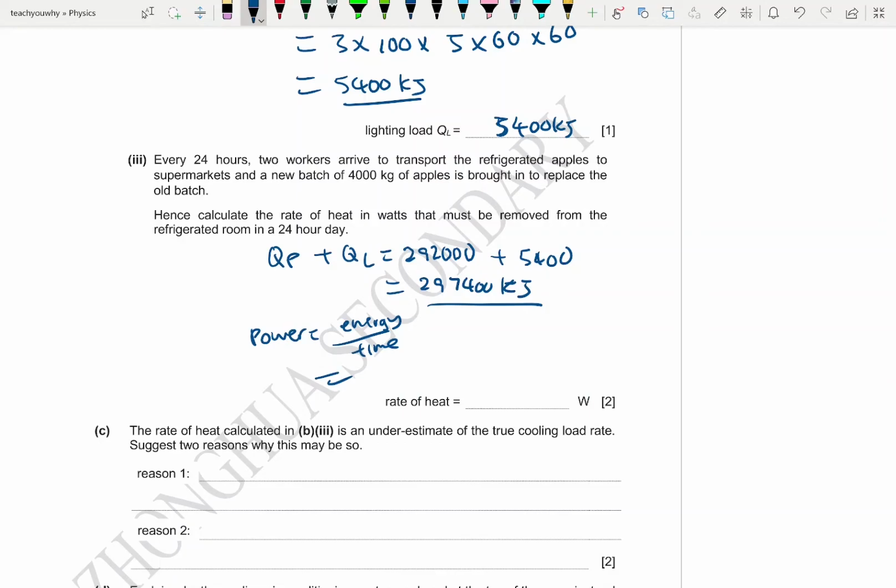We use the energy 297,400, times 1000 because they want watts, divided by the time, 24 times 3,600 in seconds. Take note, the time here must be in seconds. So that is about 3442 watts, 3440.